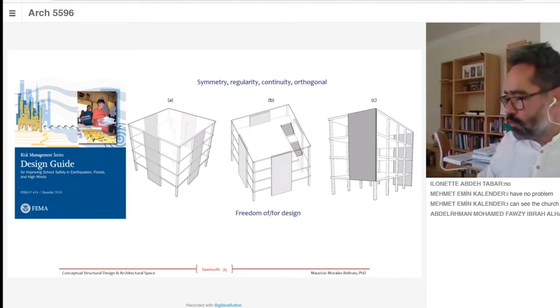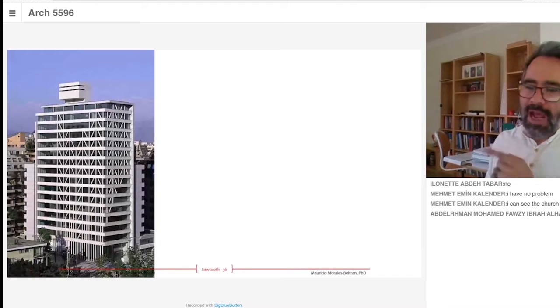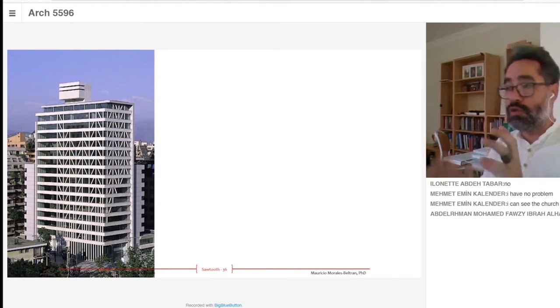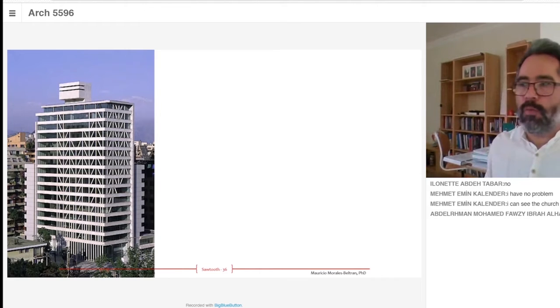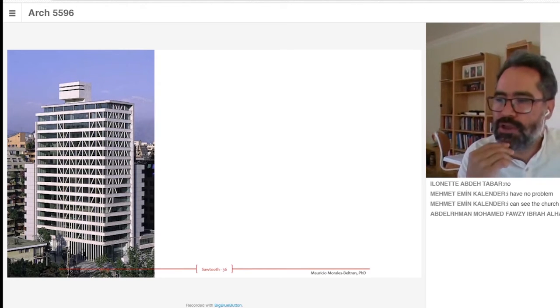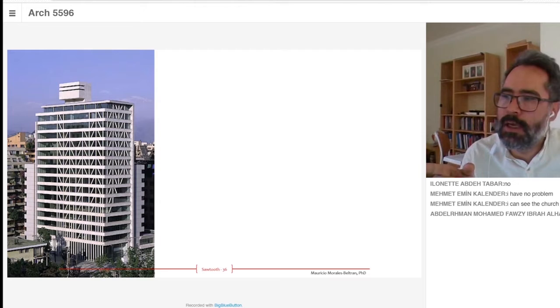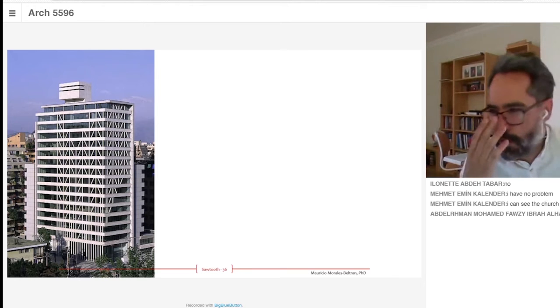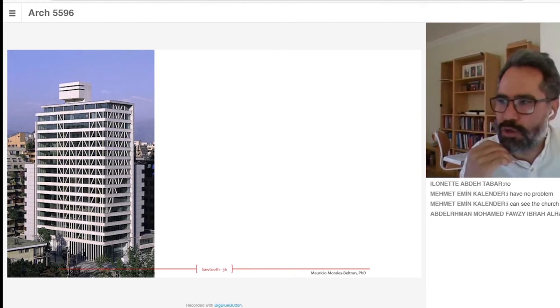Now, I have to say that my motivation to come here was driven by this type of approach. This is a building in Chile, a mid-rise office building. Chile is an earthquake-prone country, so we have to design earthquake-resistant buildings.